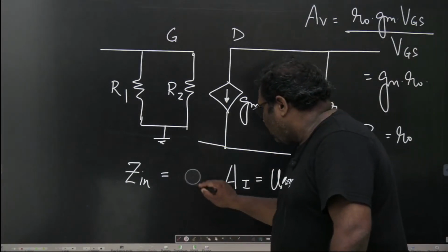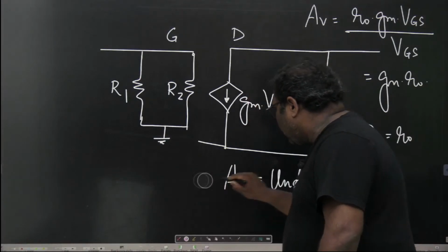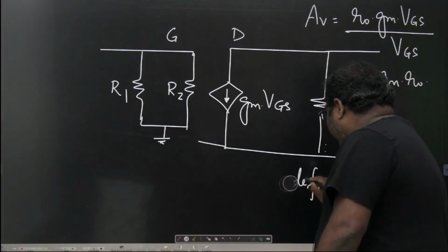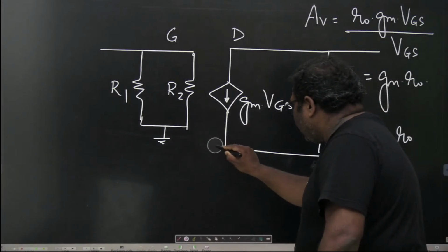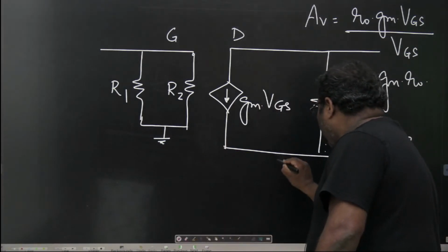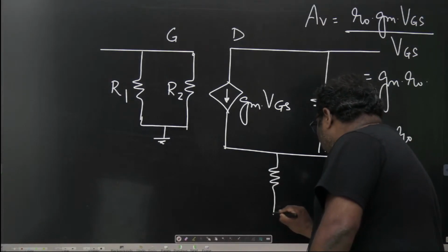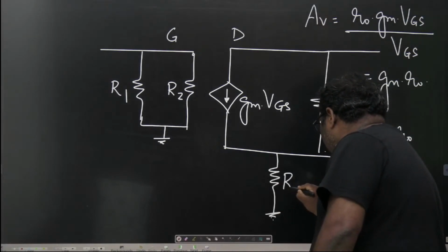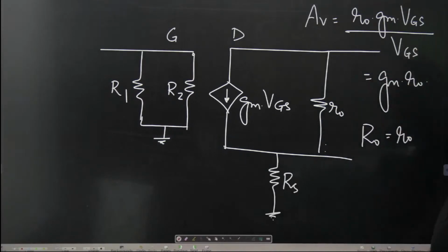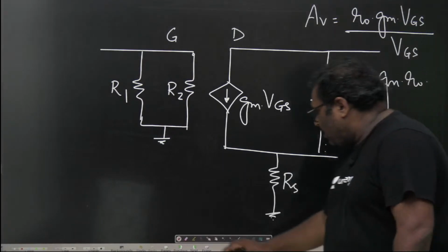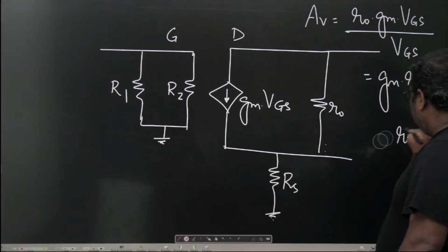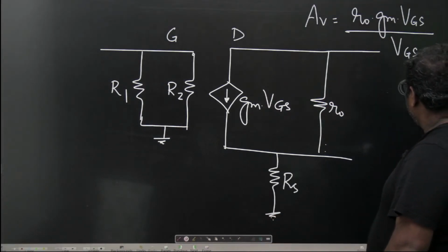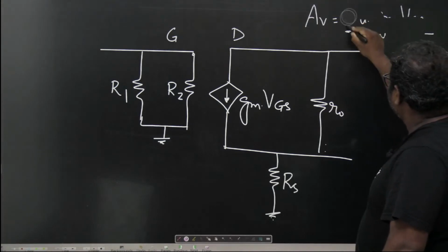So practically, with the biasing arrangements, you will find an RS here, and you'll also find RD loading between drain and ground.